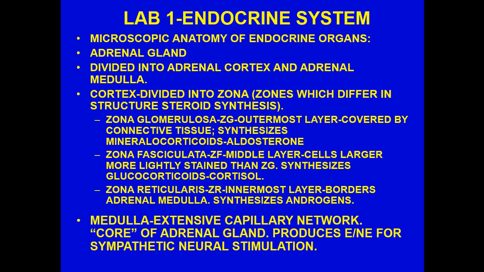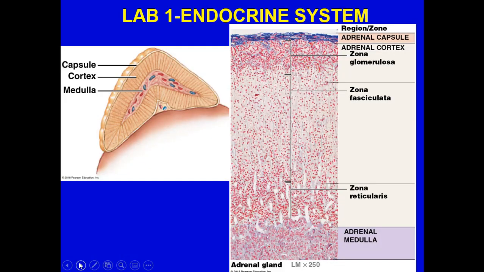This ZR synthesizes androgens. And then we get to the inner core, the medulla. It has an extensive capillary network, and it is stimulated by sympathetic neural stimulation to release epinephrine and norepinephrine at a 4-to-1 ratio.